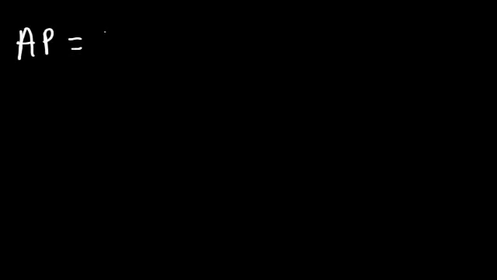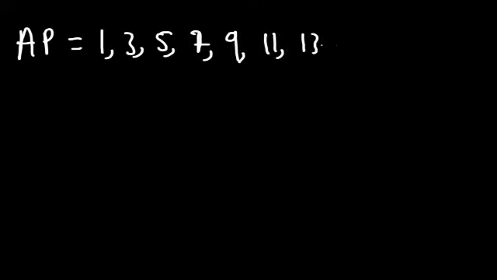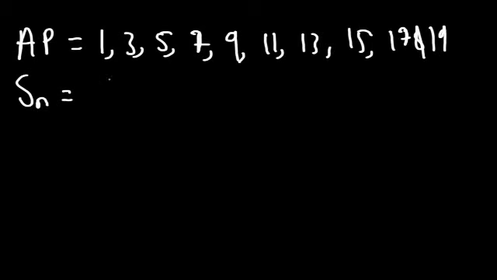to be a sequence of, let's say, odd numbers: 1, 3, 5, 7, 9, 11, 13, 15, 17, and 19. Let's stop here. Now, if I just want to find the sum of the number of terms in this particular sequence, what I will do is just sum the terms together.